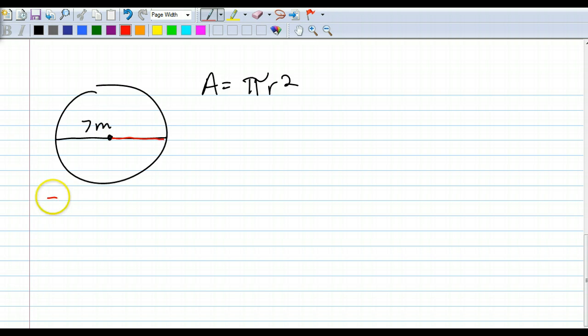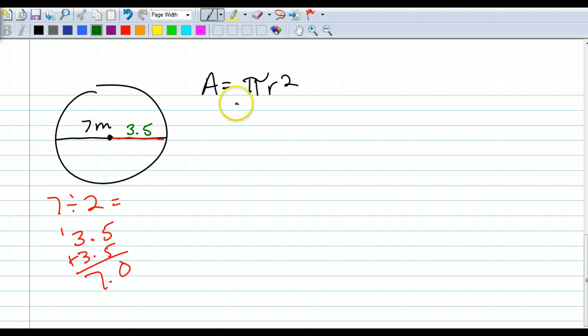So you would take 7 and then divide it by 2. So 7 divided by 2 is, or just cut it in half, is 3.5. Because if I add 3.5 plus 3.5, I get 7.0, which is 7. So half of 7 is 3.5.